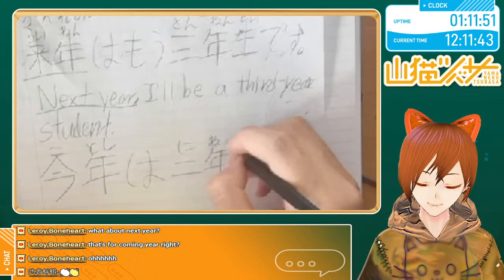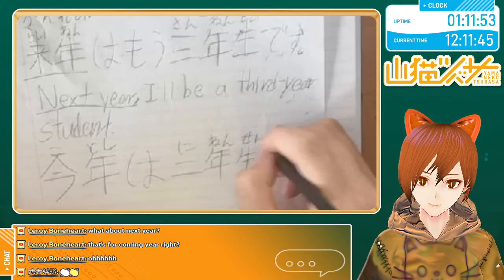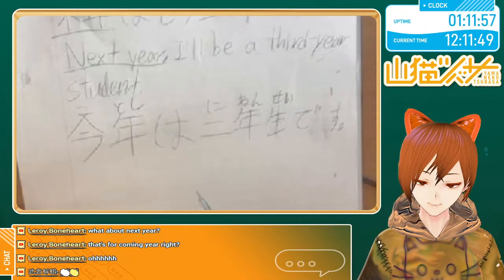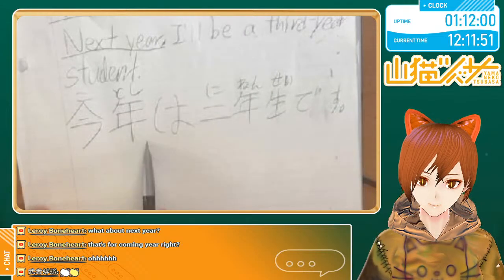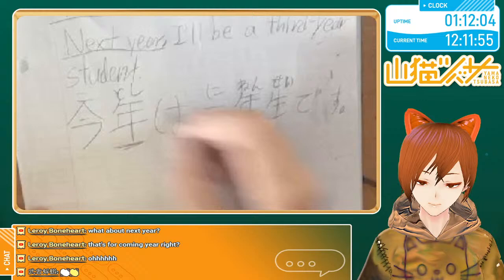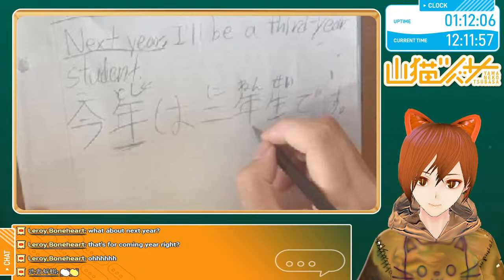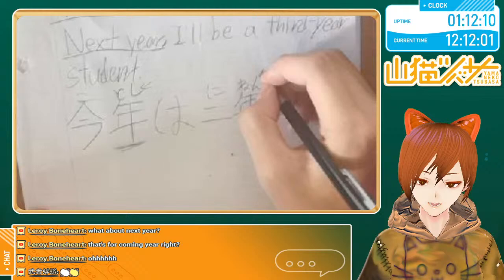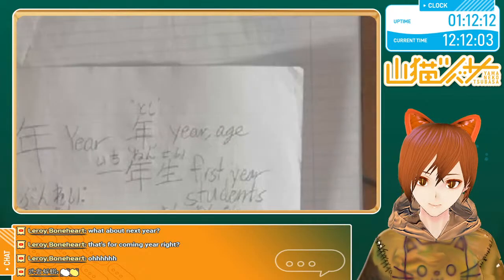Ni Nensei. So you can see in this sentence, in particular, Leroy, Kotoshi, we have the Toshi reading. And then in here we have the Nen reading. Oh my goodness, in this one sentence I broke my leg 3 times.